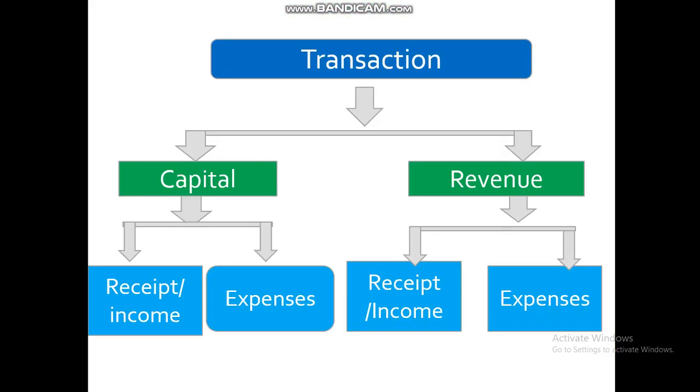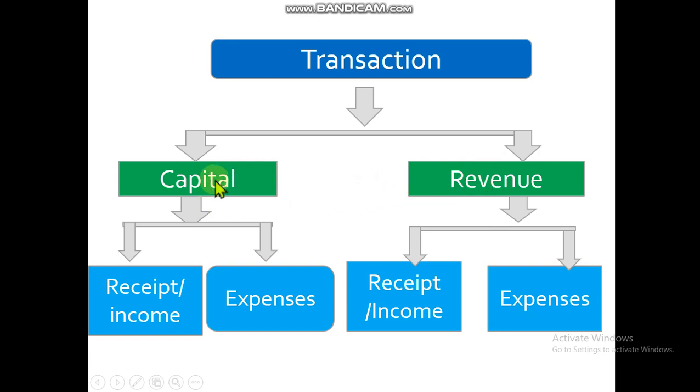Dear student, earlier we have discussed transaction. You know that transaction means give and take. That means if you give any benefit, and in return you receive any benefit, then it will be a transaction. Now, classes of transaction. Transactions are two types, capital transaction and revenue transaction.